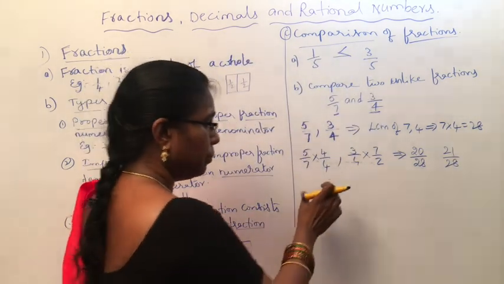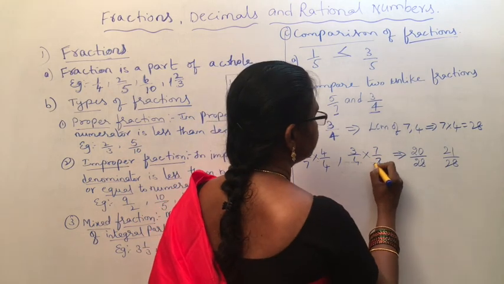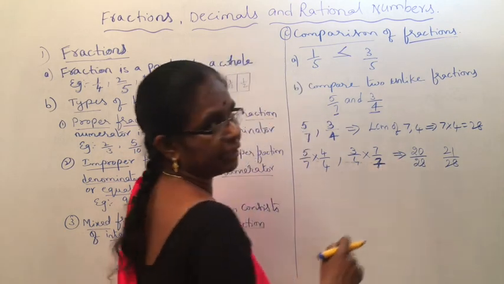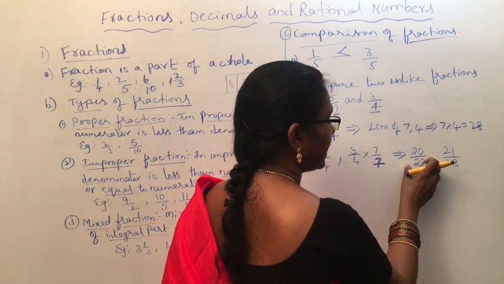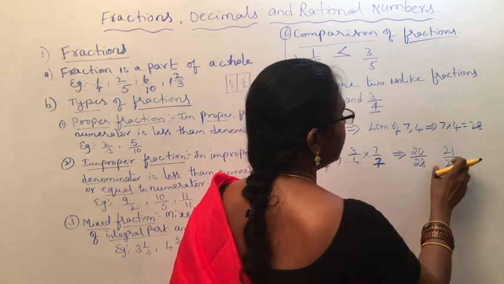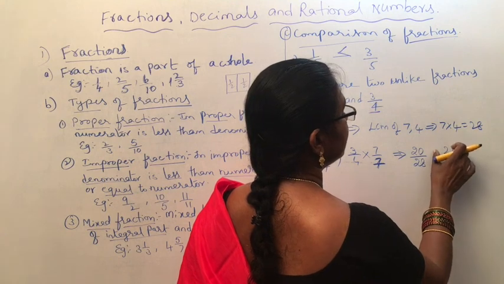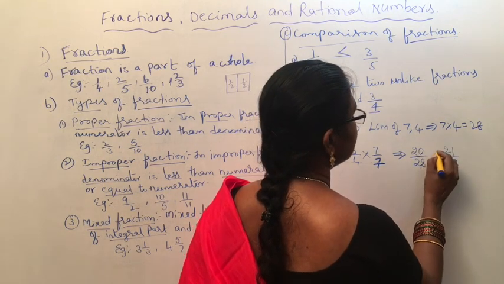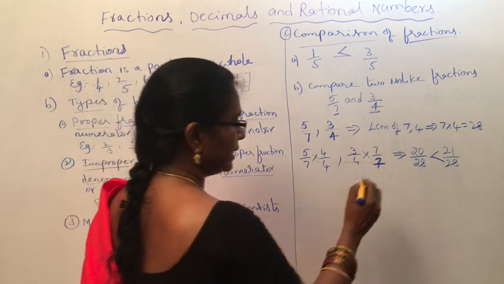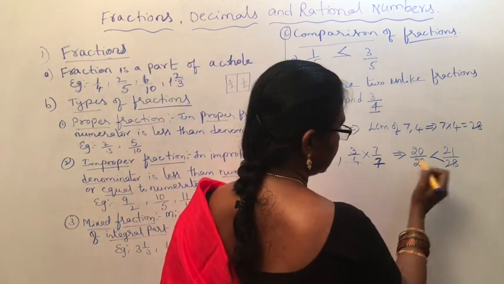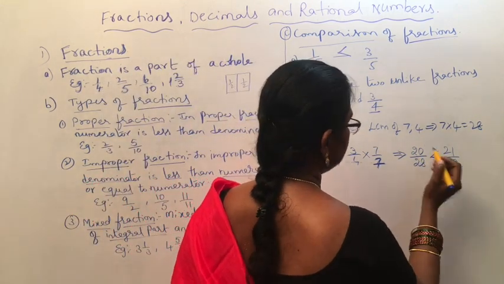Now we can say directly, because both the denominators are equal. Here we are dividing the whole into 28 parts and taking only 20 parts; here, 28 parts and taking 21 parts. Which is greater? 21 is greater than 20, so 20 by 28 is less than 21 by 28.